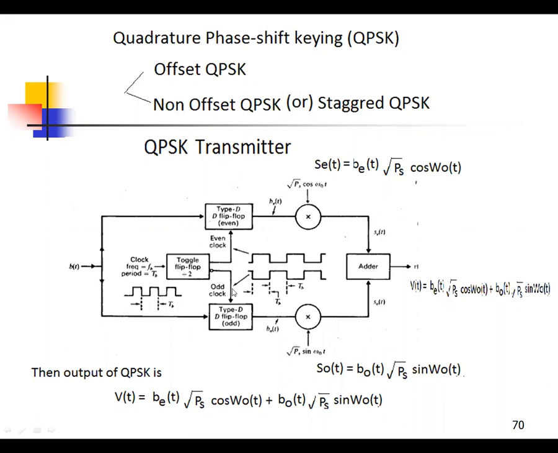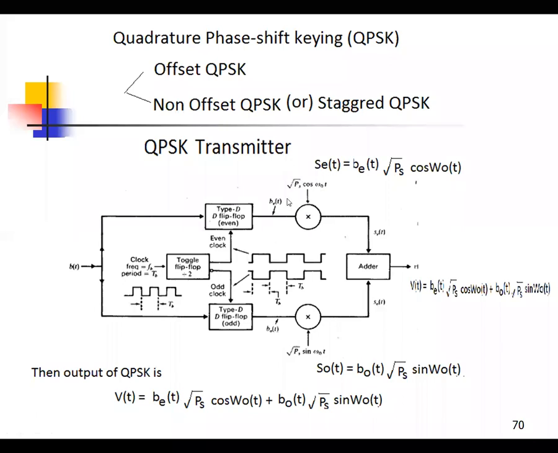Now the outputs of the 2 D flip-flops are b_e(t) and b_o(t). The b_e(t) is given to a multiplier, and the other input of the multiplier is root Ps cos omega naught t. This is the carrier, and b_e(t) is the binary data activated by the even clock.